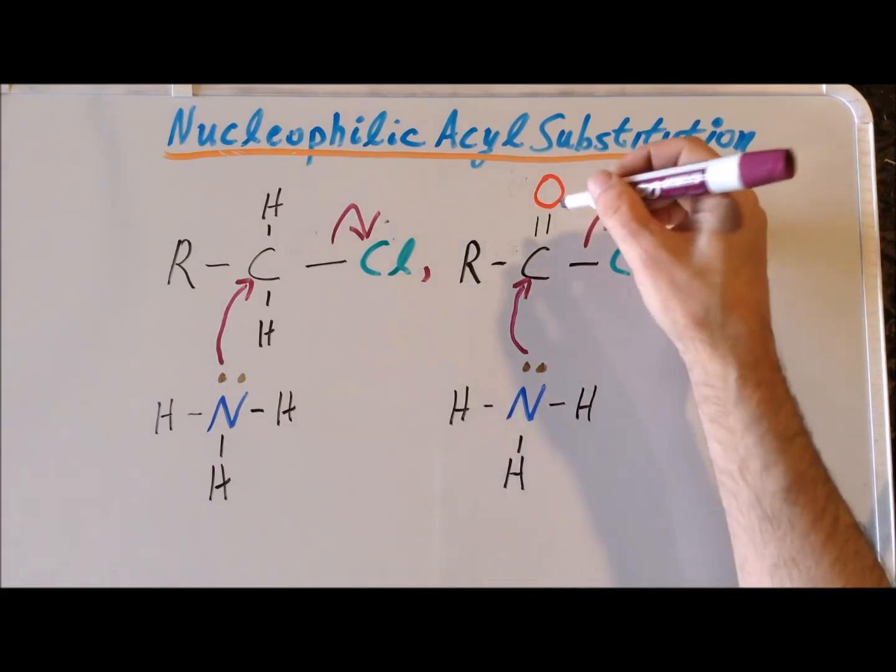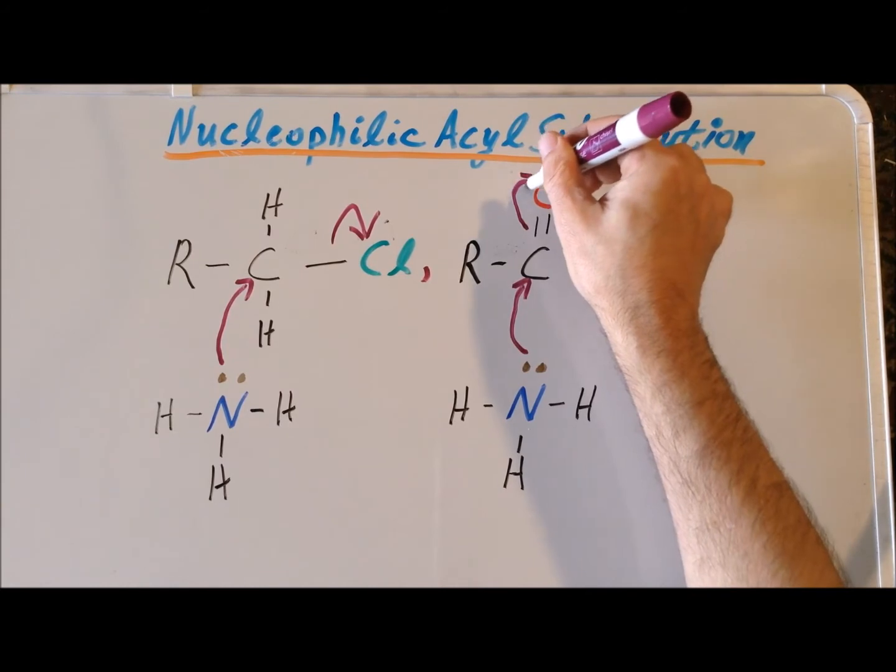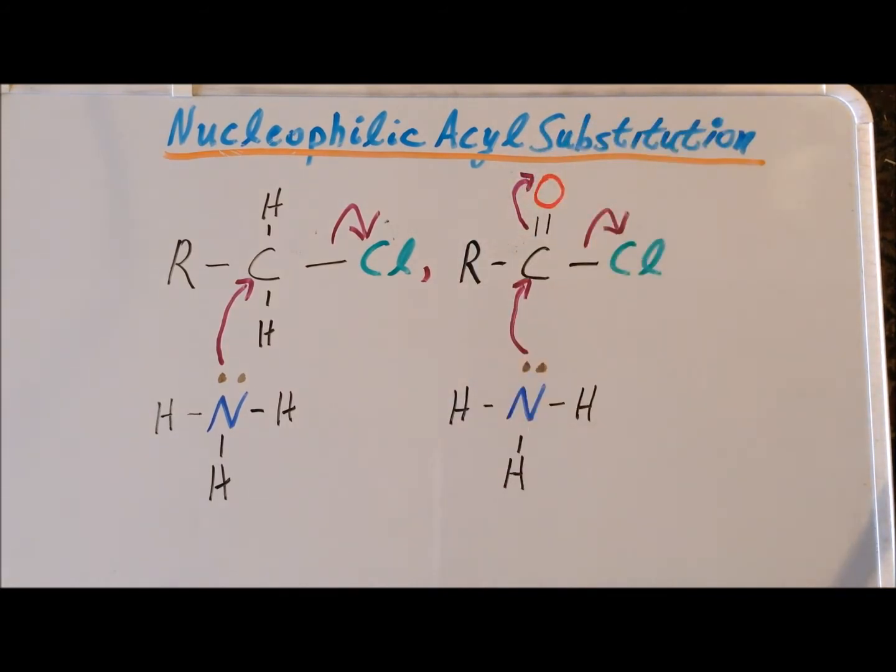We also have electron flow from the double bond onto oxygen. But here we see something interesting: when we get to the transition state for the nucleophilic acyl substitution on the acid chloride, we have a tetravalent transition state.